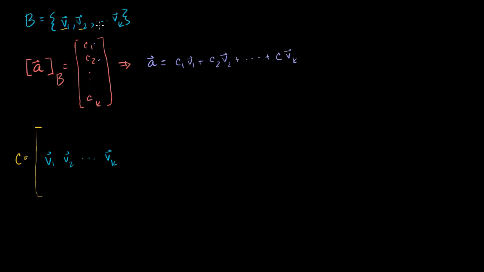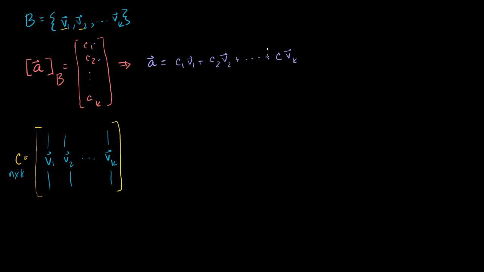If we assume that all of these are members of Rn, then each of these is going to have n entries. So it's going to be an n by k matrix. Each of these guys has n entries, so we're going to have n rows, and we have k columns. So let's imagine this matrix right there.